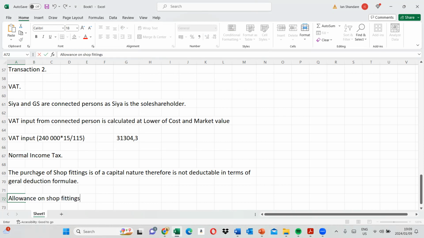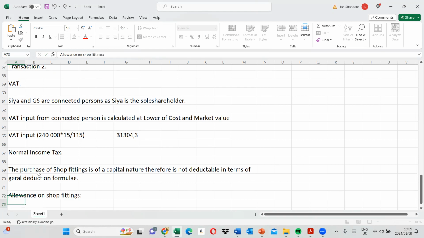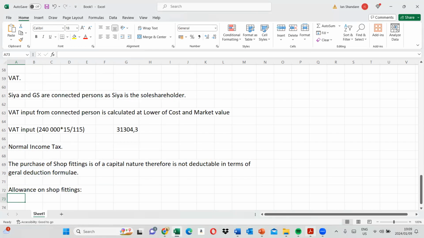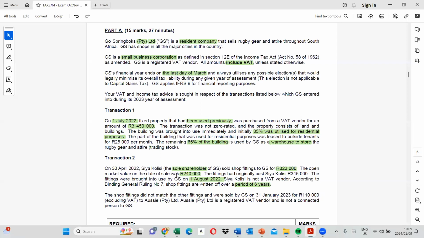So I think the catch in regards to this now: they gave us the allowances, which they told us in general binding ruling number 7. If GS was a normal company, we would divide over 6 years, so the allowance would be claimed over 6 years.